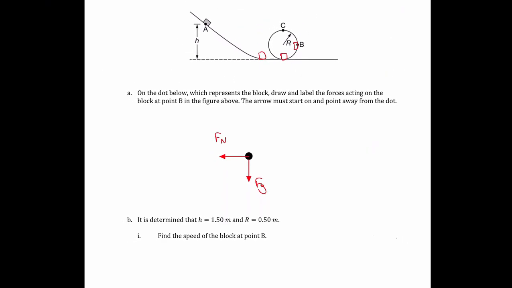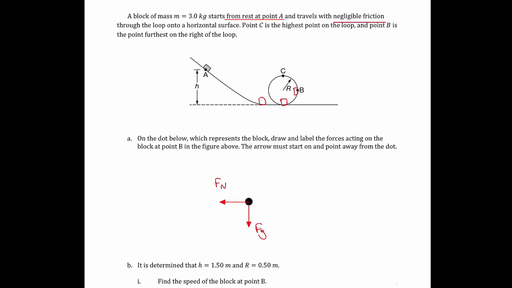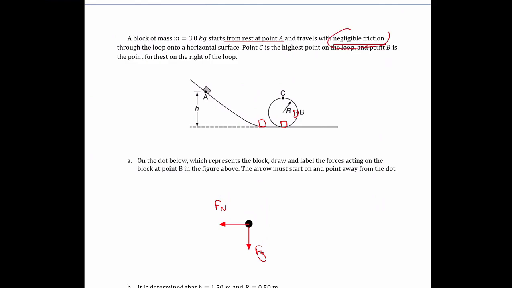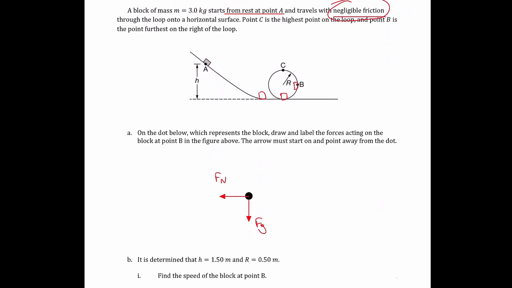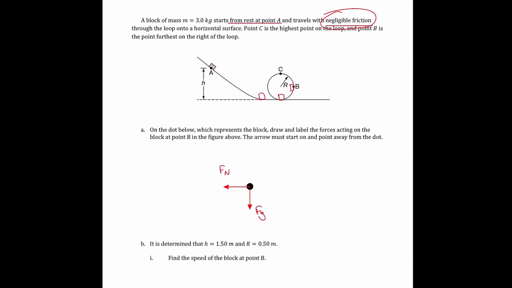Now, we know that the height is 1.5 meters and the radius of the track is 0.5 meters, and we need to find the speed at point B. Since there is negligible friction, we can apply the law of conservation of mechanical energy.